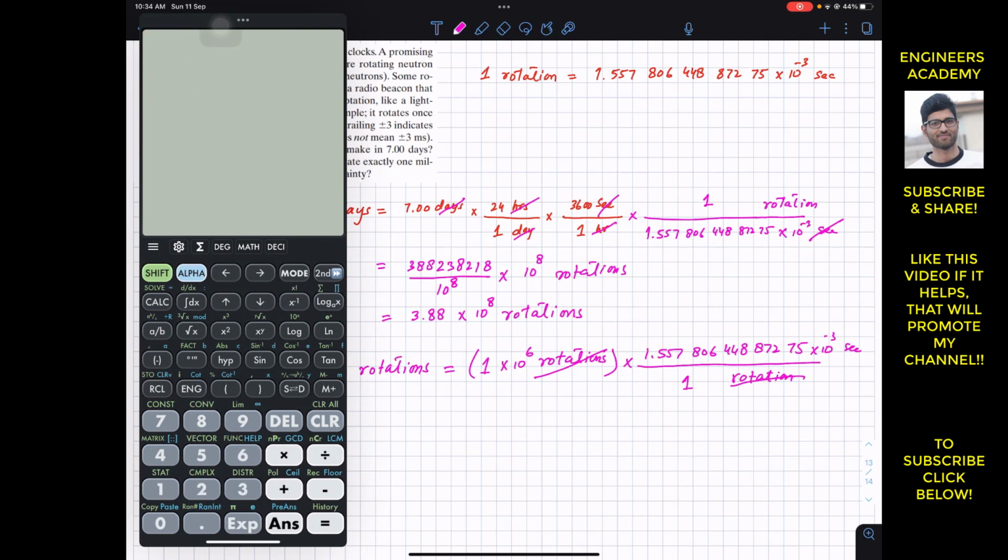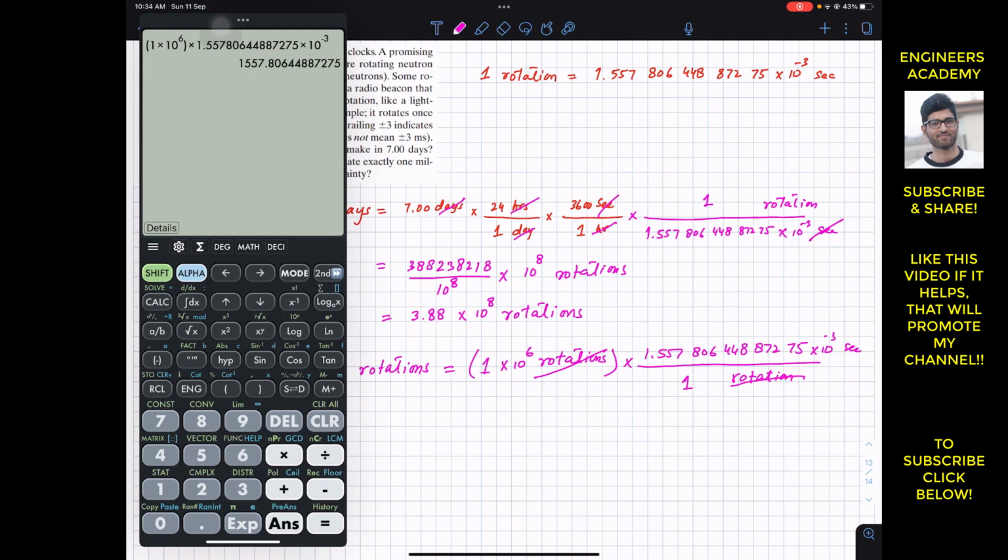So this is 1 multiplied by 10 raised to the power 6, multiplied by that number divided by 1, will give us that number. So this is 1.557806448 8727 5 into 10 raised to the power minus 3.